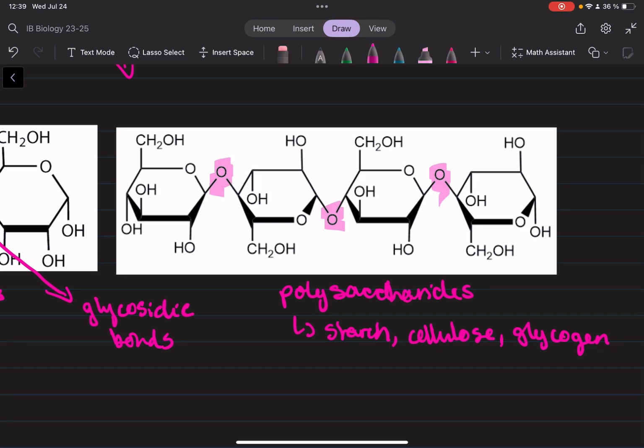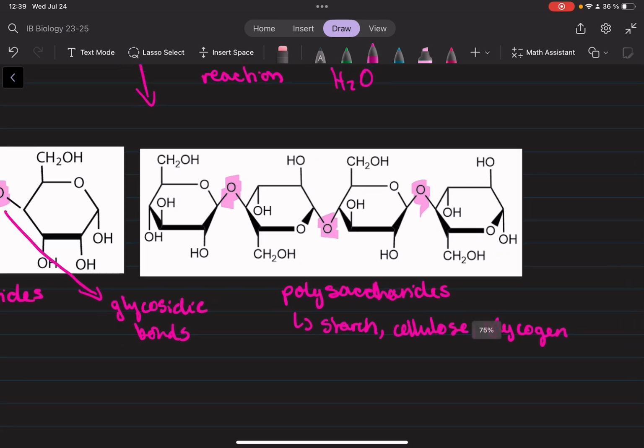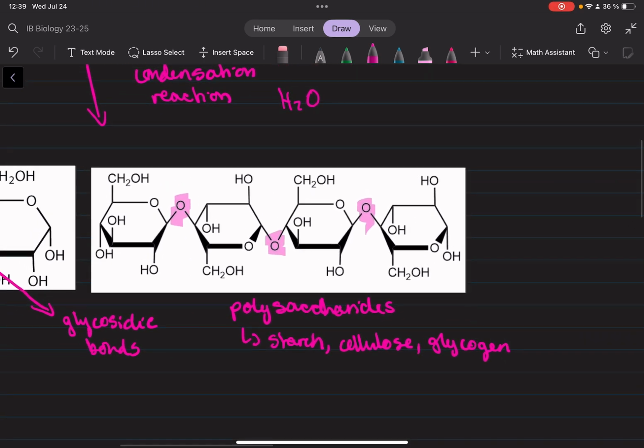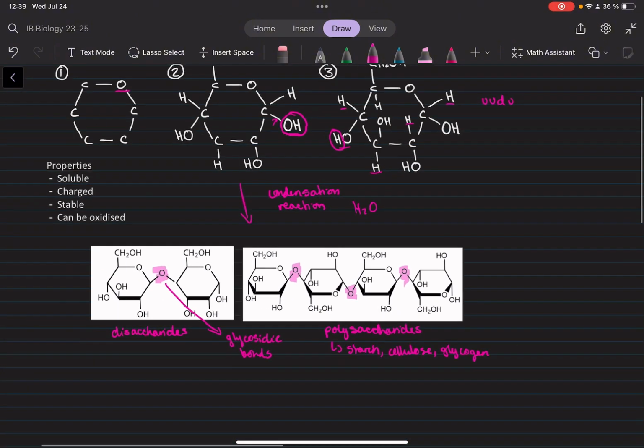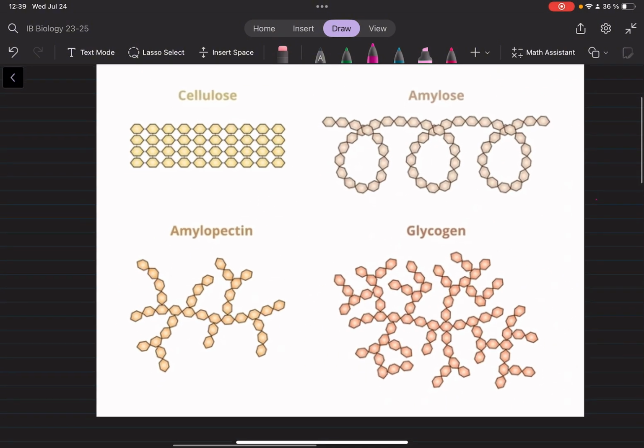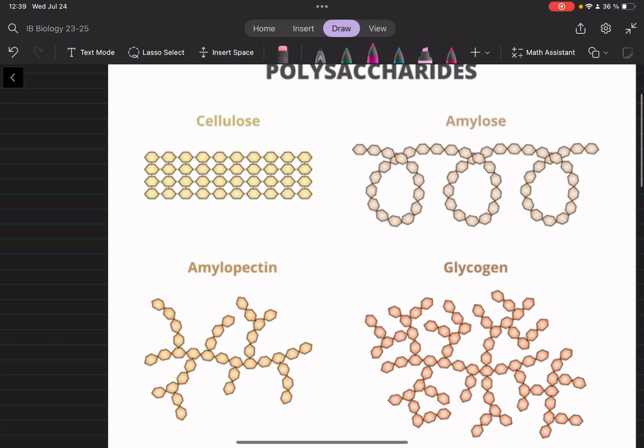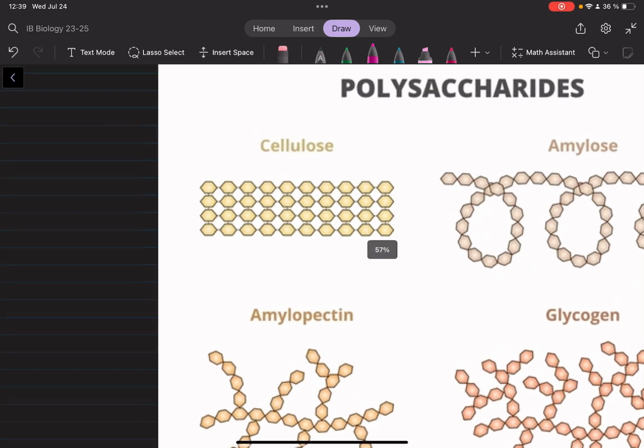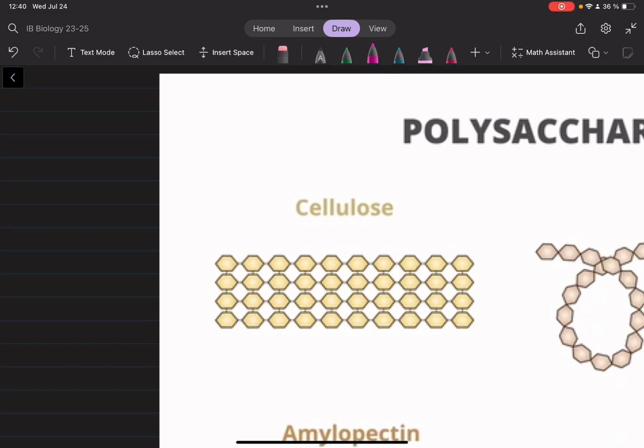So we don't really need to know what type of sugars they are. But we do need to know their structure and also their function. So let's look at that. First we've got cellulose, and I know that there's 4 right now, but I will explain that later.